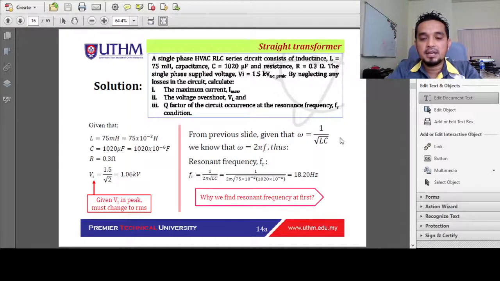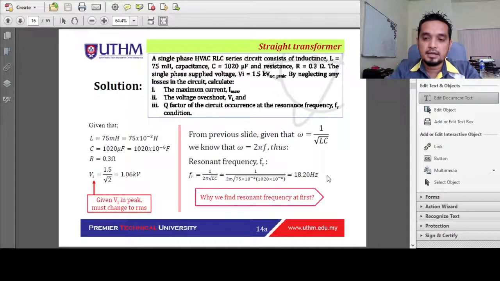We can match these formulations, in which the resonant frequency becomes 1 over 2 pi square root of LC. Rearranging this formula gives these expressions, and plugging in the values gives you 18.2 Hz. This is the resonant frequency for this circuit.